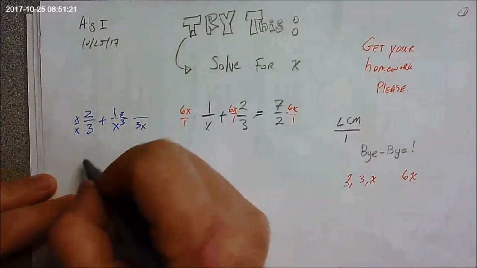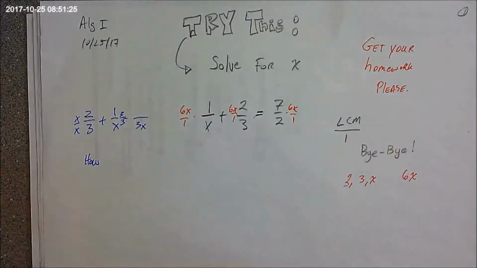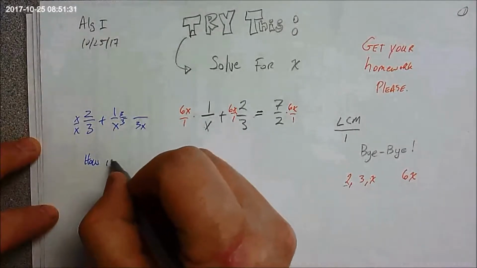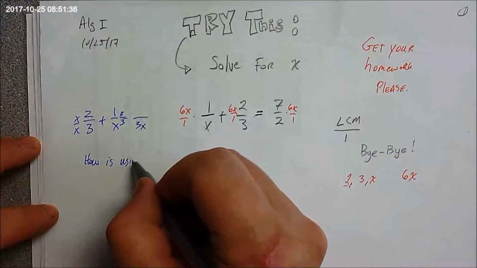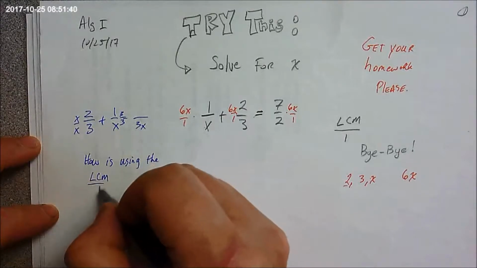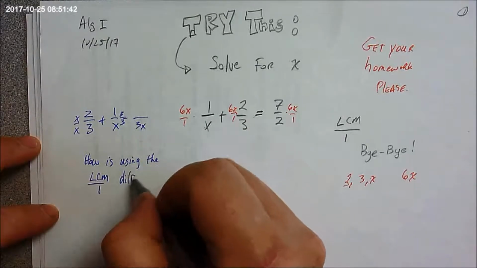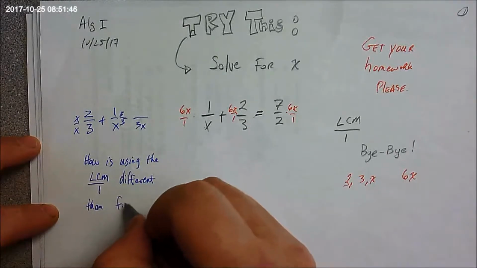In fact, that's a good question. I think it's such a good question. If you guys knew the answer right away, I wouldn't write it down. But since you don't know the answer, this is a big idea. I think you should probably write this down. How is using the LCM over 1 different than finding a common denominator?